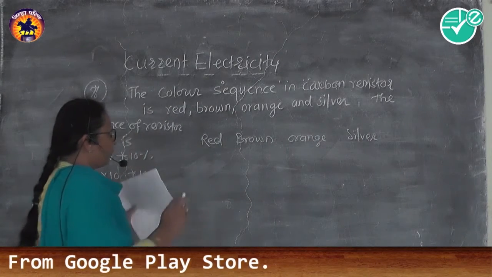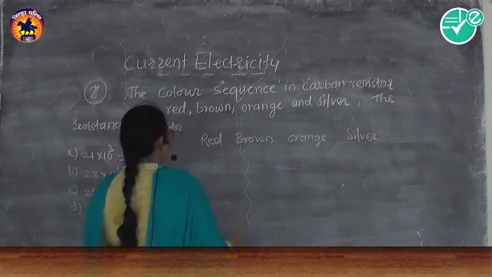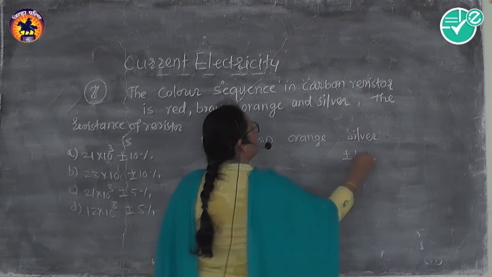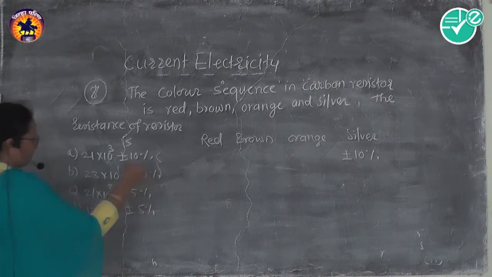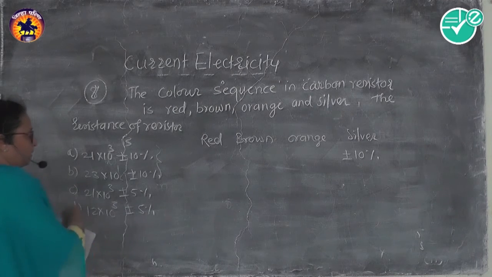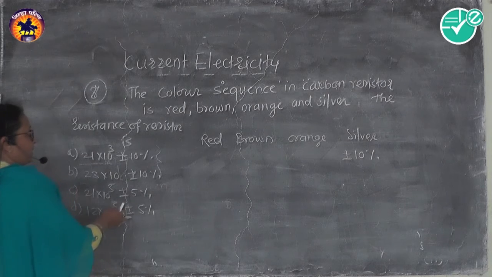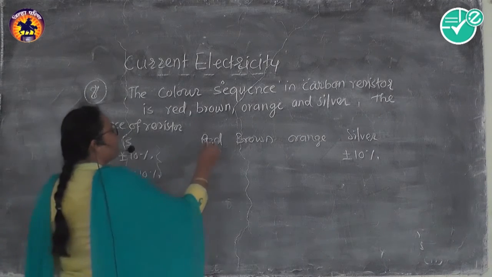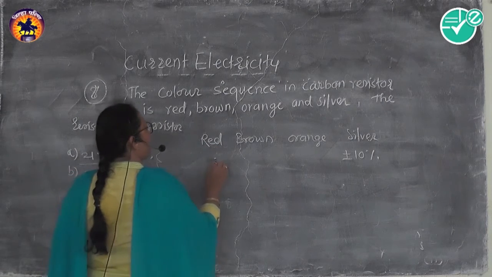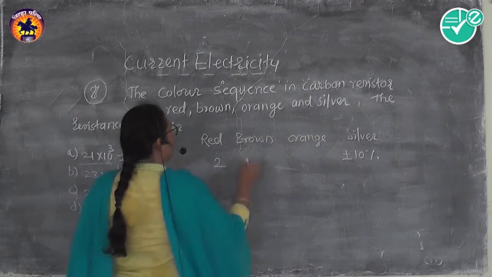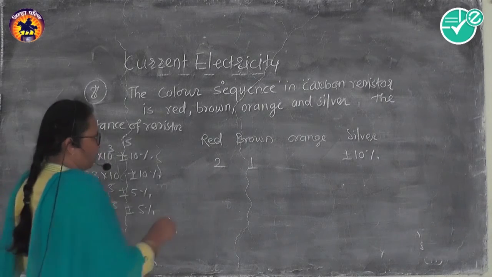How to solve this example? Initially, if you don't know all these things, we first find the tolerance for silver, that is plus or minus 10%. So you will get two options for plus or minus 10%. Now we have to calculate the value. The initial two color bands are for 2 digits: red has color code 2 and brown has color code 1, so 21.